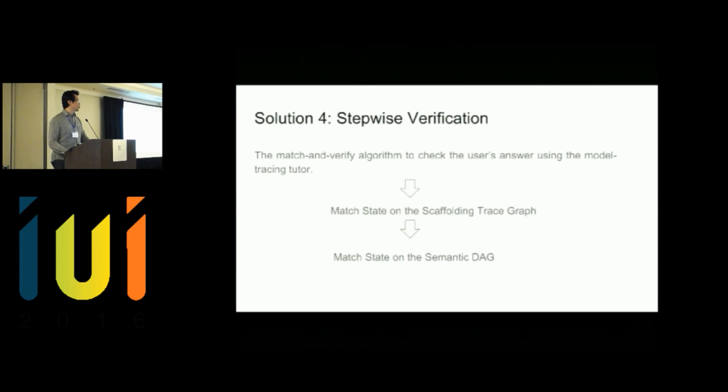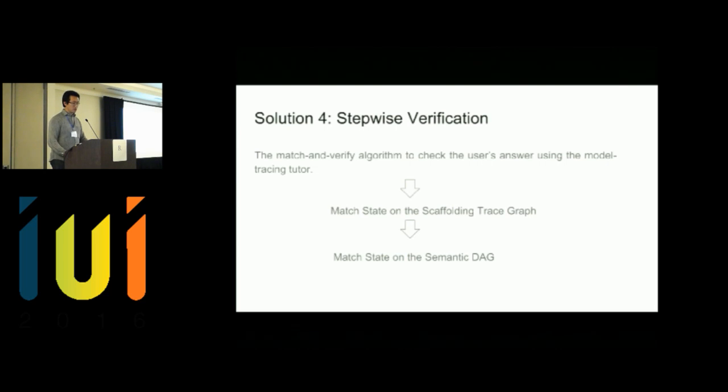So what we did is we put that user input into the semantic DAG and let the semantic DAG perform certain propagation and generate a scaffold trace. And then we compare the final answer from the scaffolding trace with the answer of the existing scaffolding trace graph. If the answer is matched, it means students are on the correct track towards a solution.